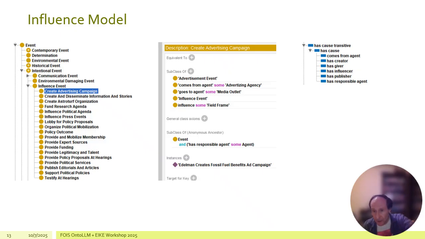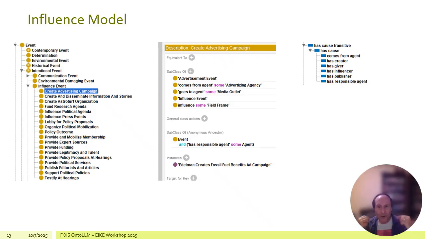And then finally, the other thing that we did is we had another super property. This is a transitive super property, we call it has cause transitive, because sometimes we may want to take a particular object and find not just the things that it directly caused, but the things that were caused by the things that it caused, and then the things that were caused by those things that it caused that then caused other things.